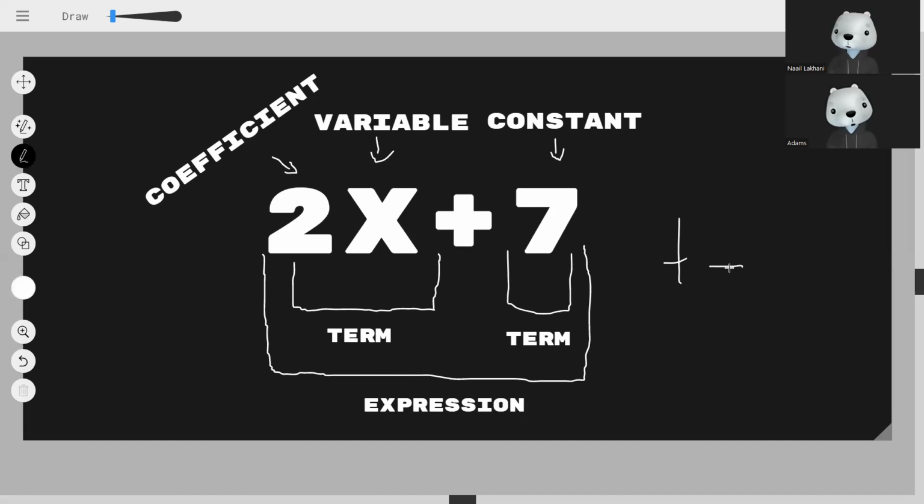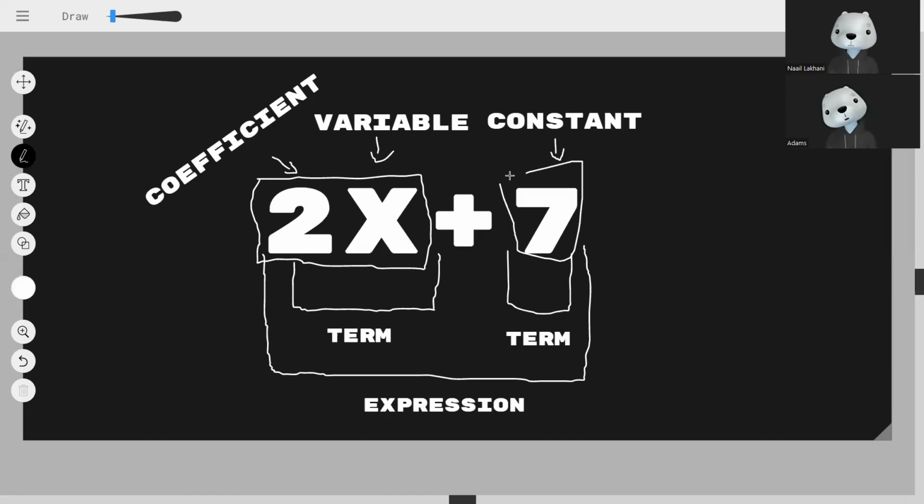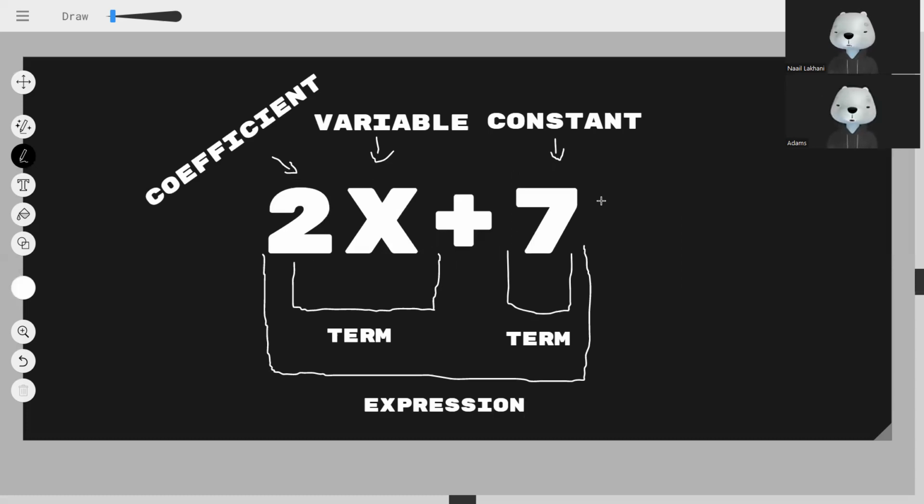Only plus or minus, nothing else. For example, this is one term, and since there's a plus, this is the second term because it's separated with a plus sign. So there's two terms, right? I hope you guys can identify terms now.